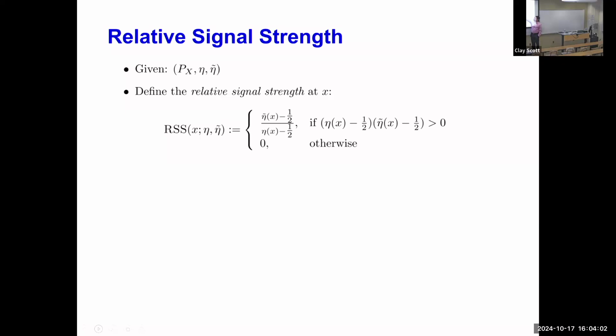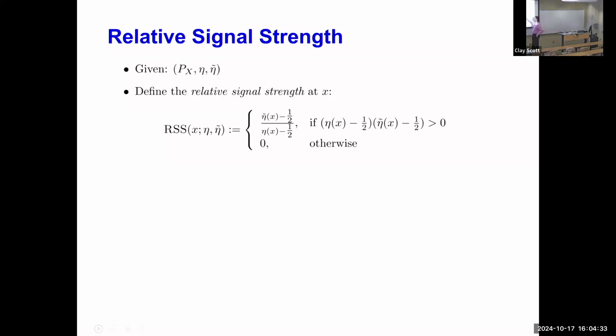The second case is when they do not. If they don't agree, we say the relative signal strength is 0. In other words, solving the noisy problem doesn't help you at all to solve the clean problem at a point x. It's a point-wise notion. It gives you basically the wrong information, so there's no useful signal there.